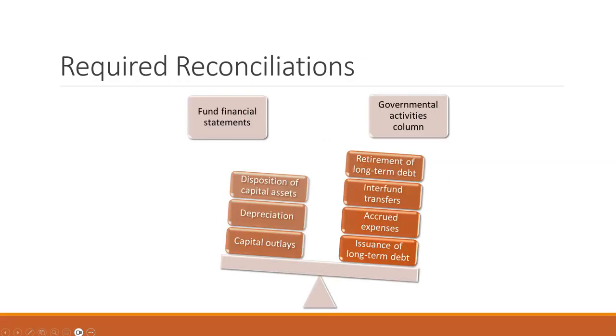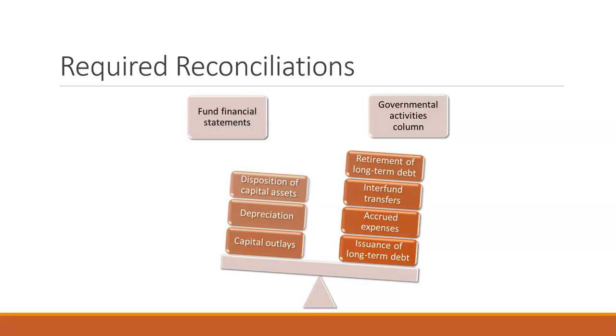Okay, and then these reconciliations. We have to reconcile the fund financial statements and the governmental activities column to look at what is reported in the net position account and anything that impacted the total, the change in net position.